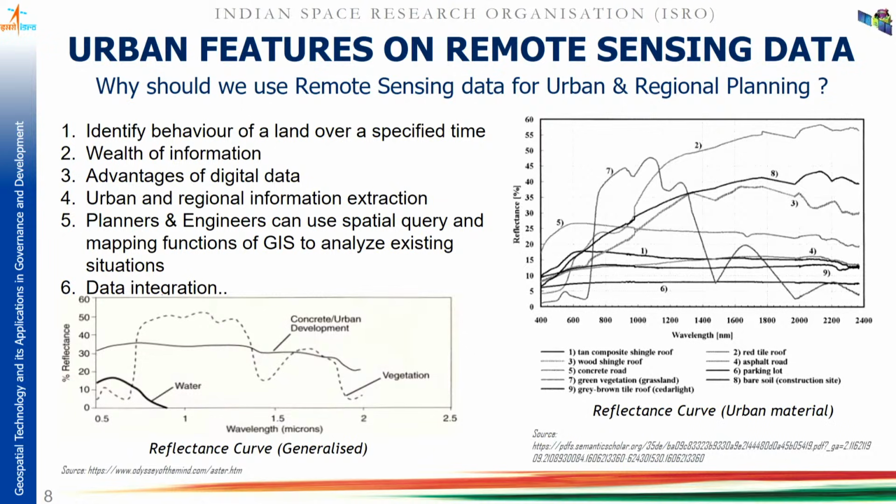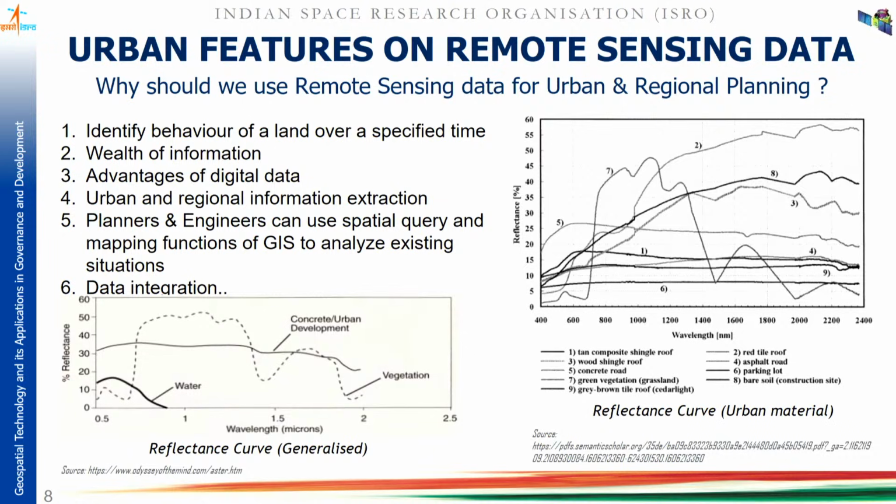And we can also use the spatial query and mapping function of GIS to analyze the existing situations. Like we can use a spatial query in a GIS software to find out how many hospitals are located within a circular buffer of, maybe, 1 kilometer.